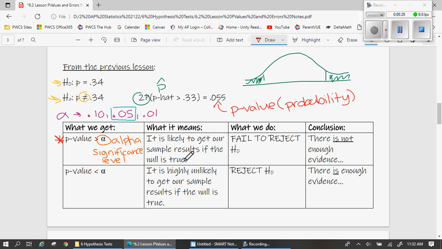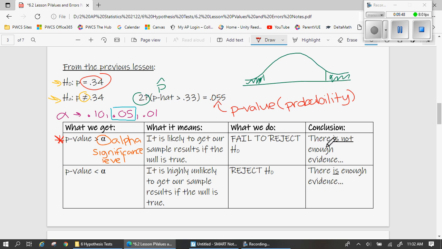It's not incredibly likely. In fact, I might want to do another sample, or maybe I want to adjust my alpha. But it is likely that we get our sample result if 34% is our true proportion. And so what we do is we say we fail to reject the null hypothesis.